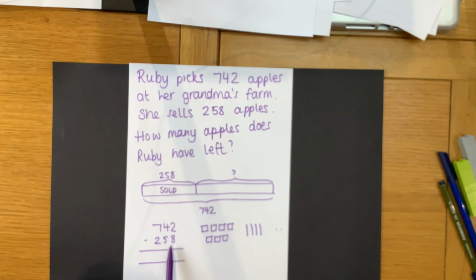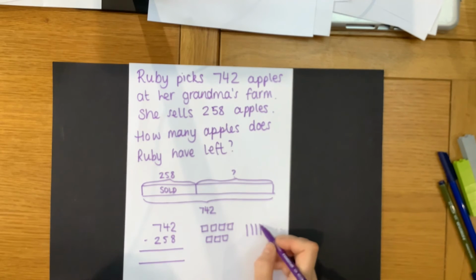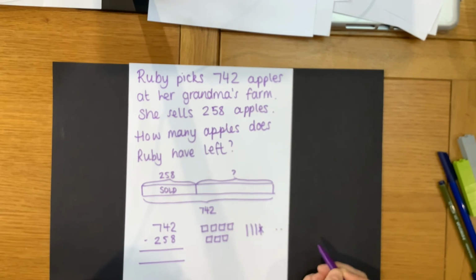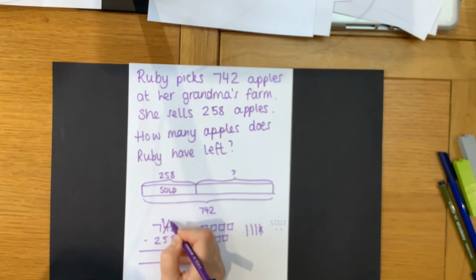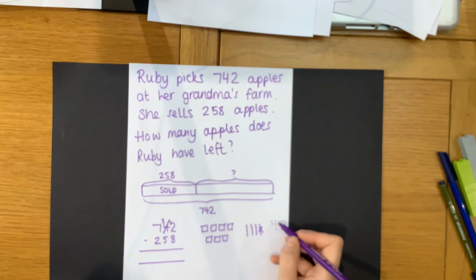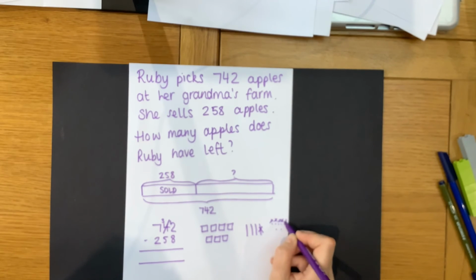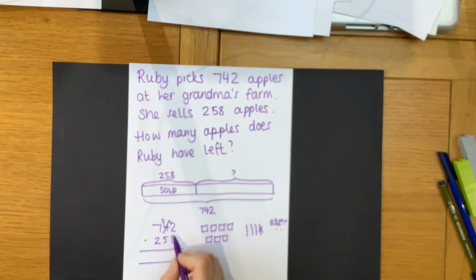Okay, first thing I need to do is take away the ones. So I'm going to take away 8 ones. Haven't got 8 ones, so I'm going to exchange this ten, it's going to become 10 ones. Okay, now I've got 12 ones and I can easily take away 8 of them. 5, 6, 7, 8. 12 take away 8 leaves me with 4.